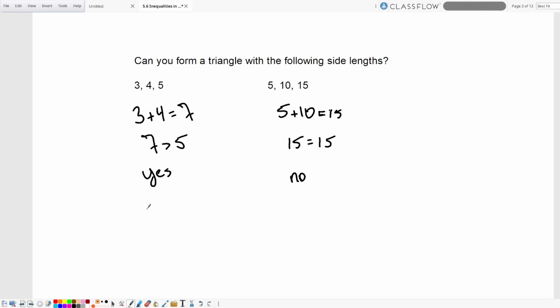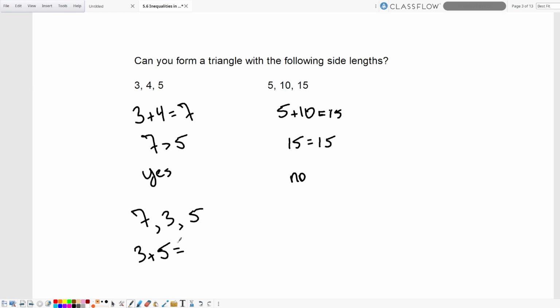So another example would be, say we have 7, 3, and 5. What I have to do is take the smallest numbers. So 3 and 5 are the two small numbers, so I would add those two numbers together.